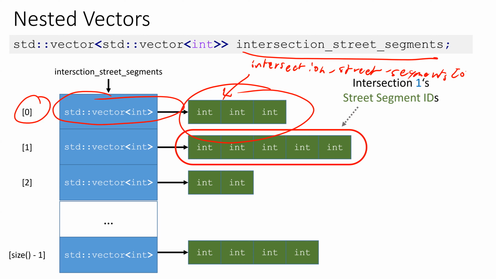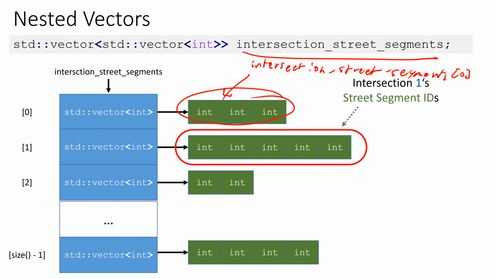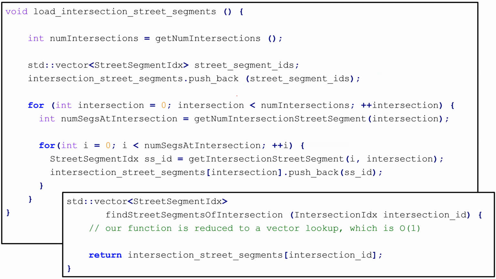If I take intersection street segments of 0, that refers to this entire vector. If I said intersection street segments of 0 and then of 1, that would refer to this number. So just like a 2D array.